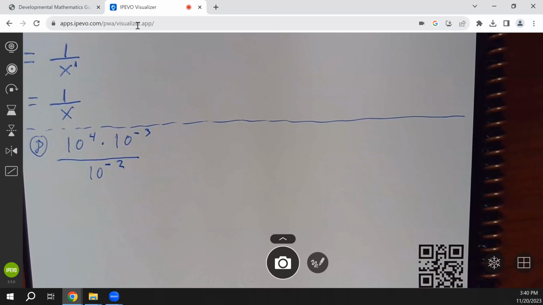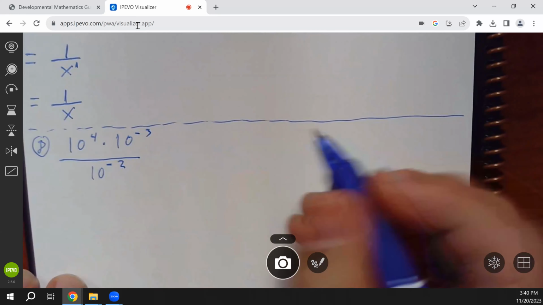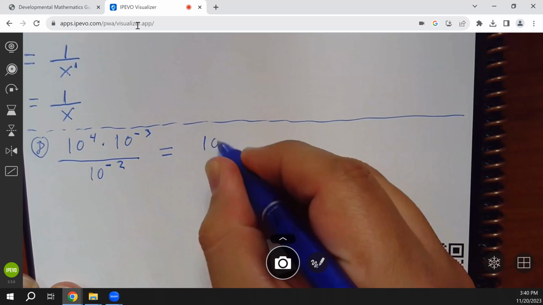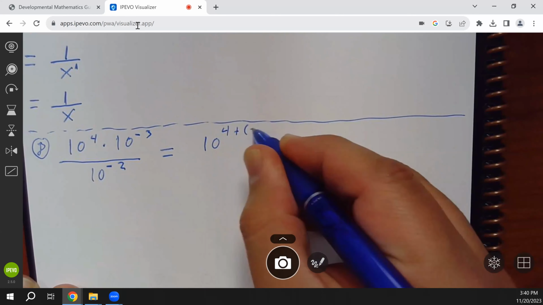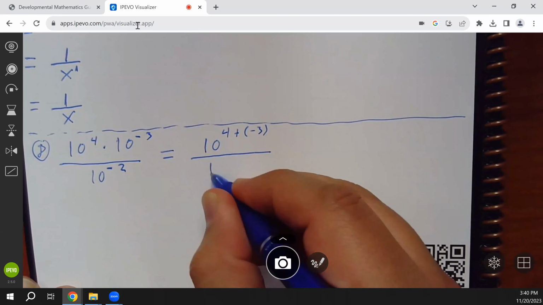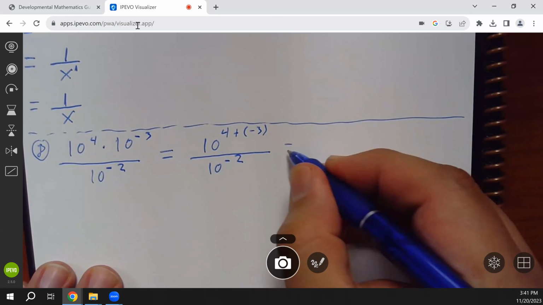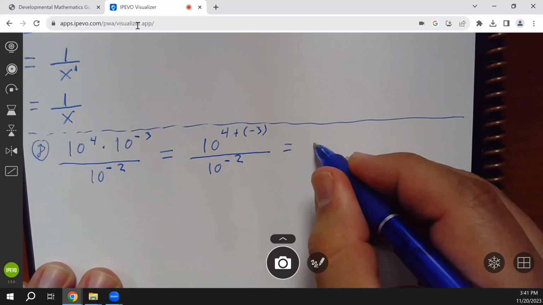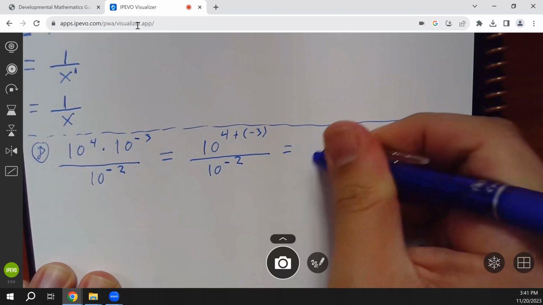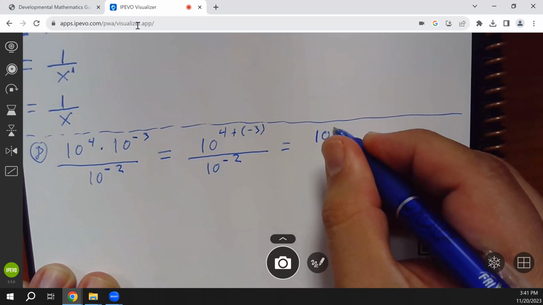Yeah, we can do product. We see a product up front, right? So, okay, good. 4 plus a -3. That would be 10. Oops, I don't know where that X came from. That'll be 10 to the first.